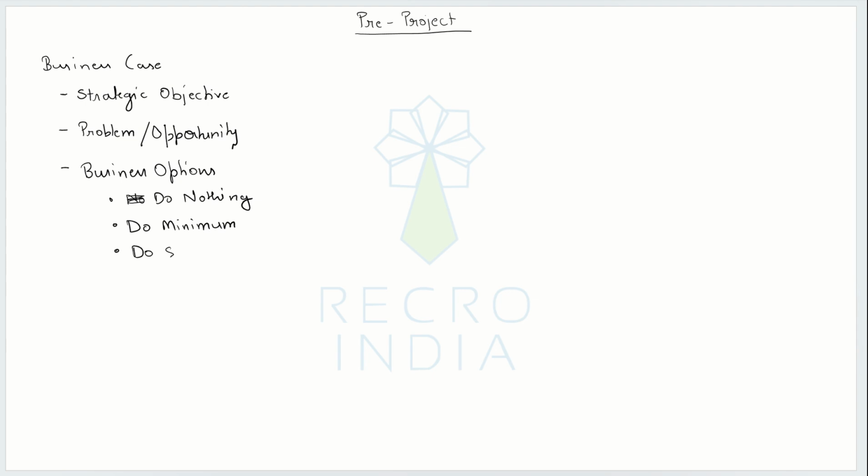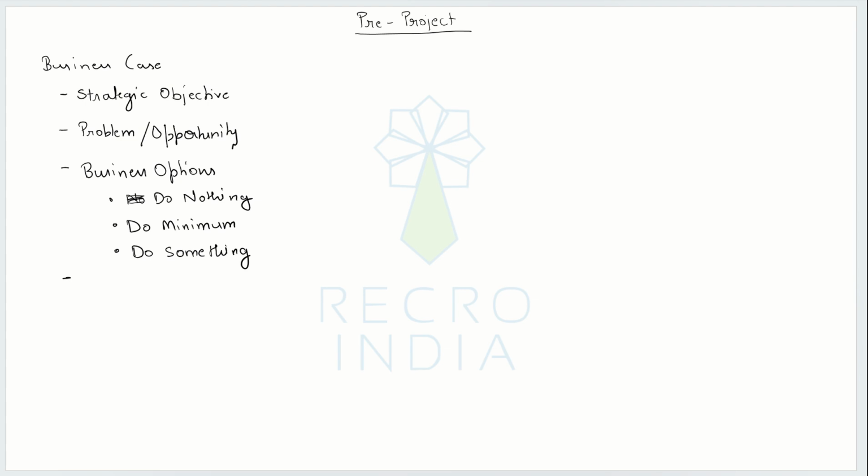Or the third option could be to do something, where you most likely want to develop a new system completely from scratch, or maybe buy an out of box product from the market and tailor it to your particular organizational needs. So that's your third option, do something.